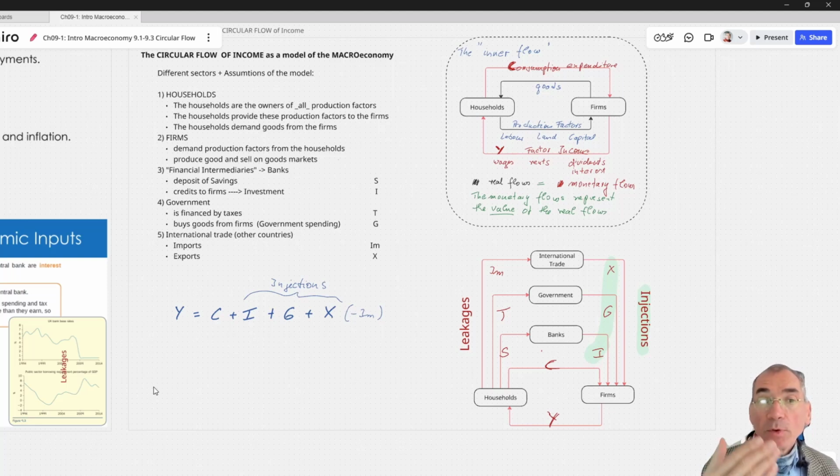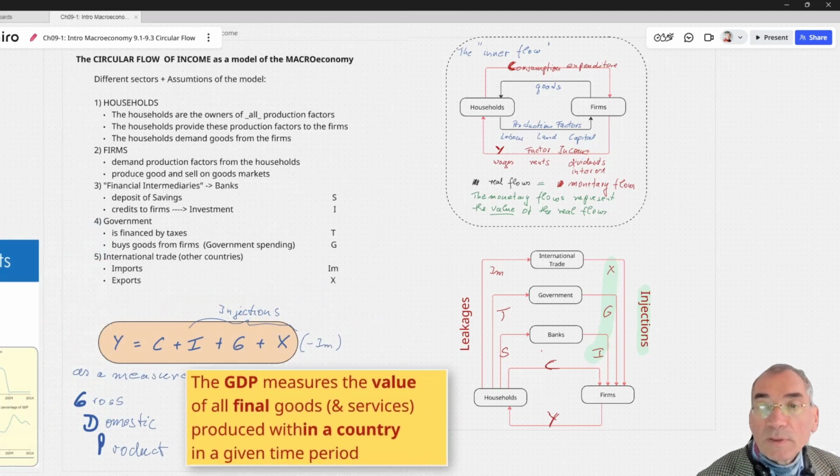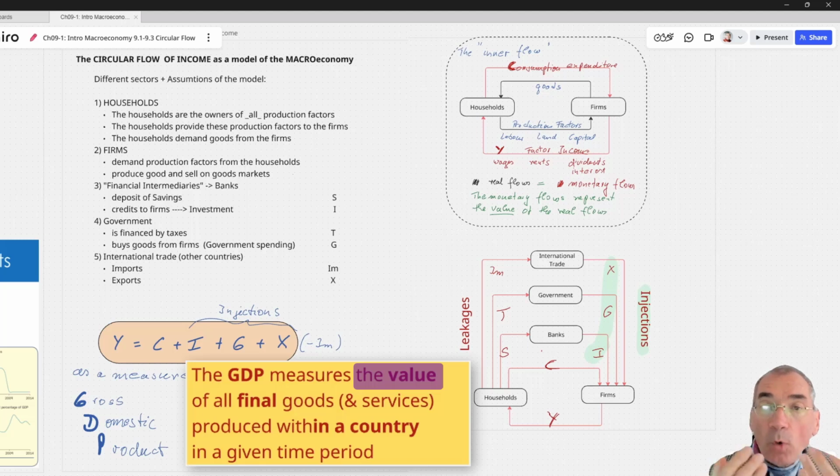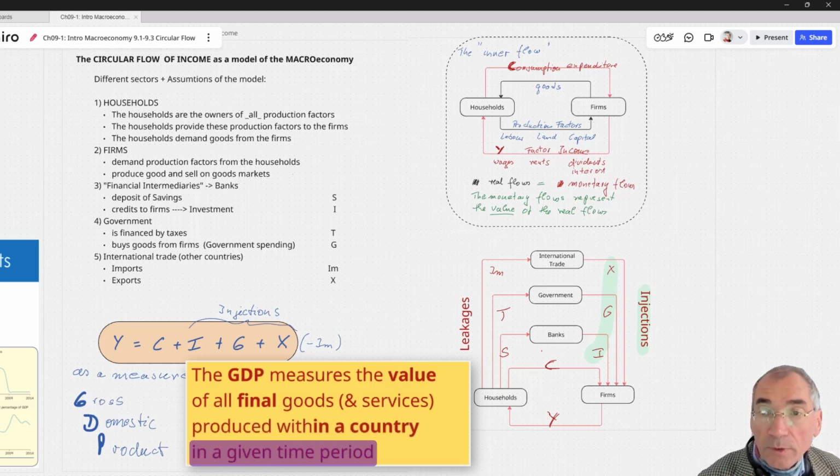It's going to occur several times throughout the semester when we talk about government spending, when we talk about fiscal policy. It's based on this definition. Y is our first measurement of GDP, and let's also write down this definition of the gross domestic product, the value of all final goods and services produced within an economy in a given time period.